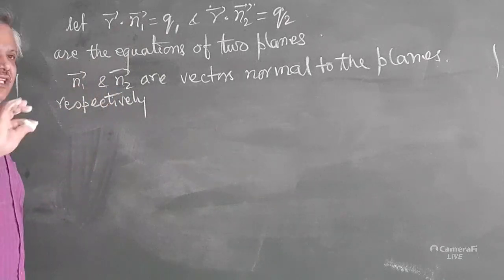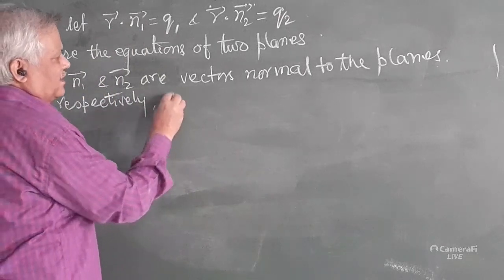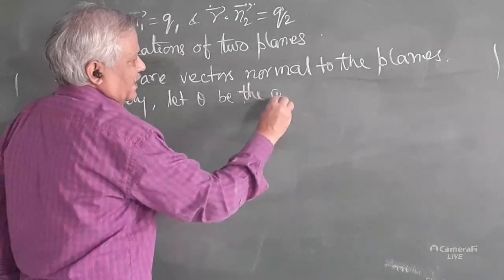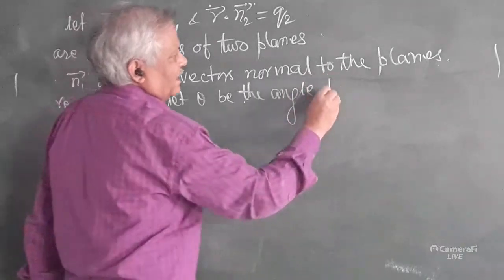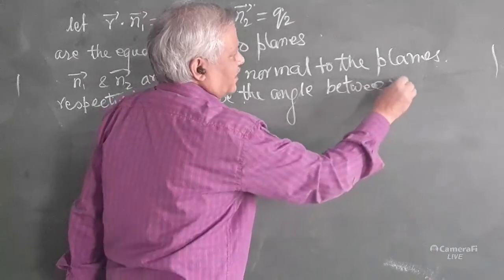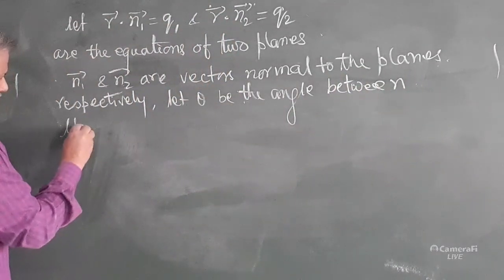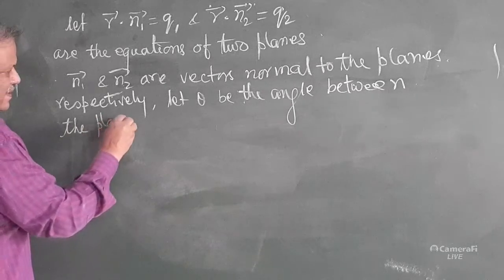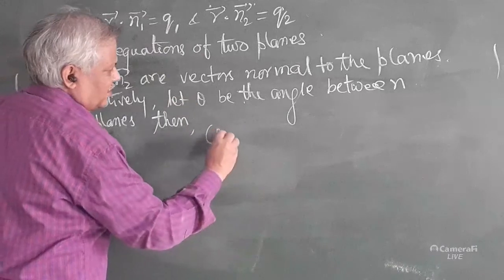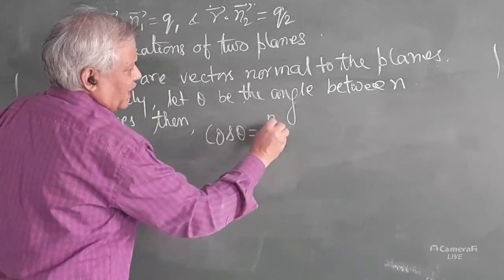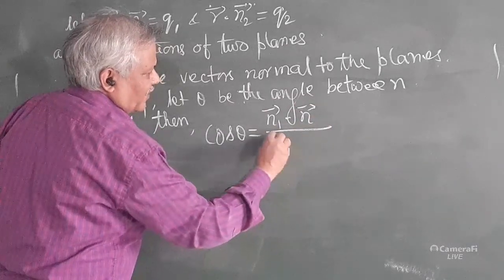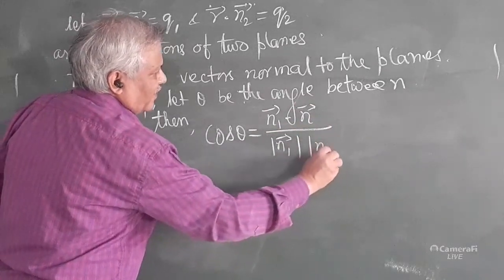Let theta be the angle between the planes. Then we have cos theta equals n1 dot n2 divided by modulus of n1 times modulus of n2.